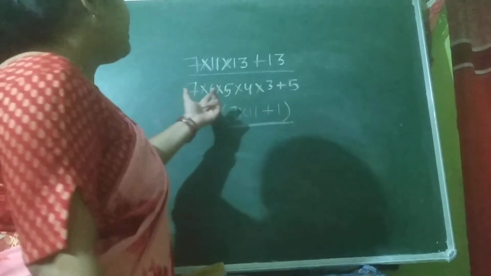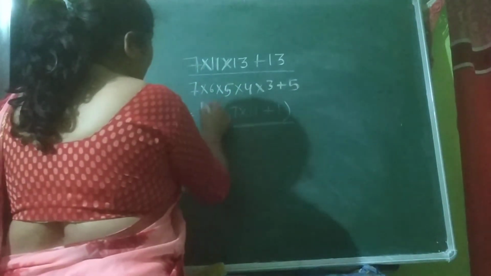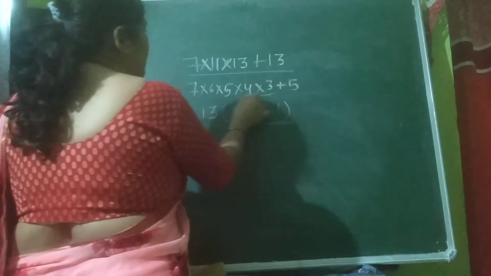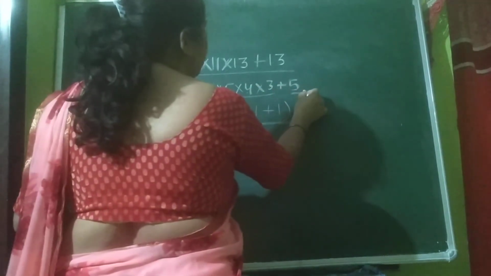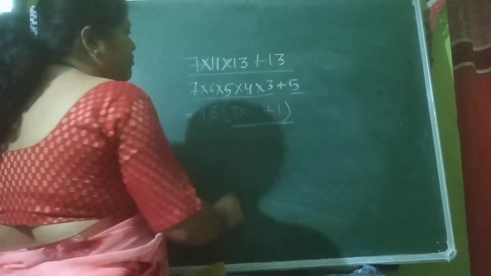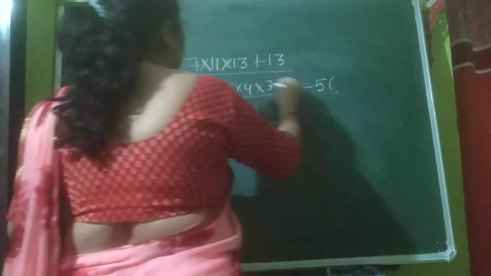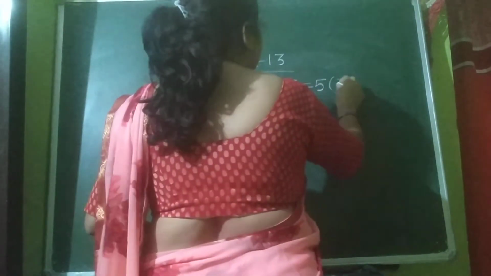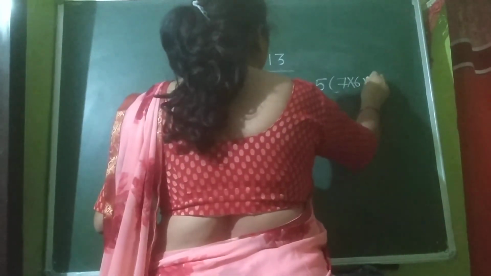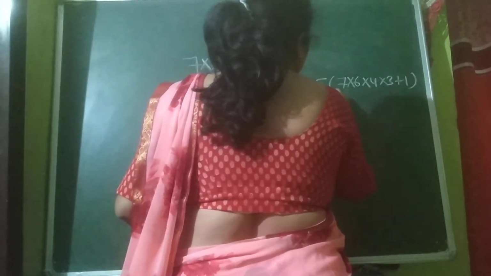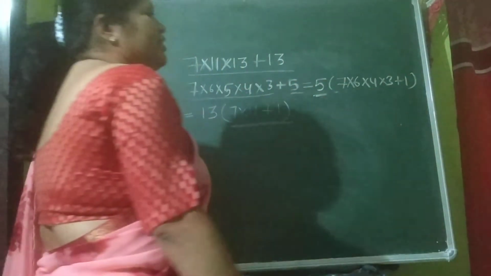Hope you get it. In the second part also, 7 into 6 into 5 into 4 into 3 is the first term and the second one is 5. 5 is common in both, so we will take 5 as common. What will remain? 7 into 6 into 4 into 3 plus 1. So it has one more factor, that is 5.